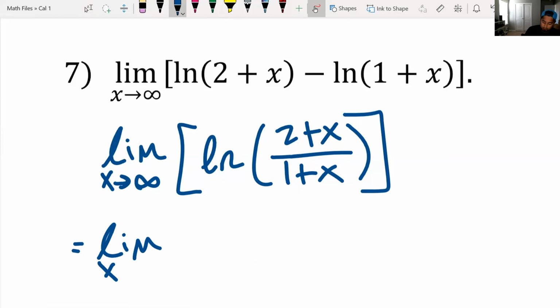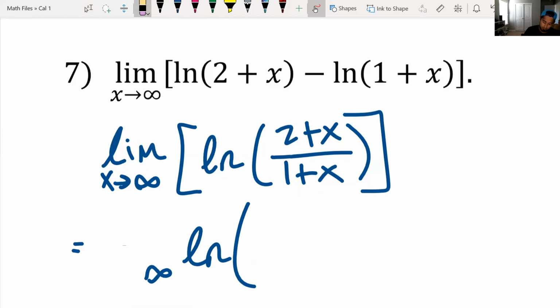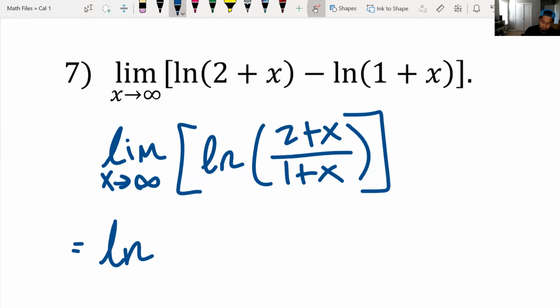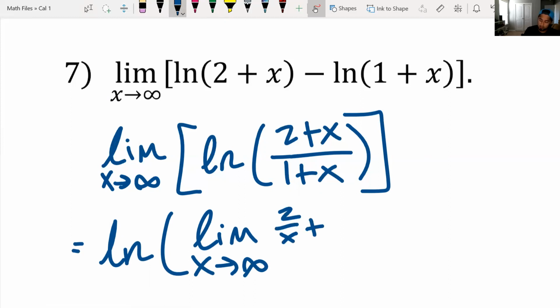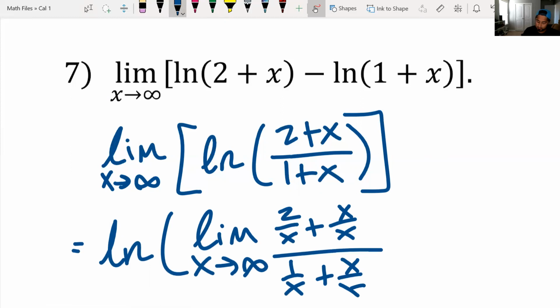We get the limit as x approaches infinity of the natural log. Whoops, no, I'm putting it inside. The natural log of the limit as x approaches infinity of 2 over x plus x over x, over 1 over x plus x over x.